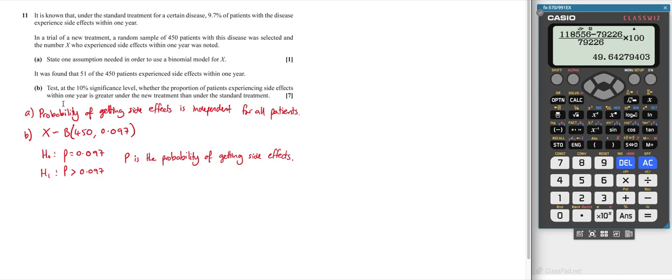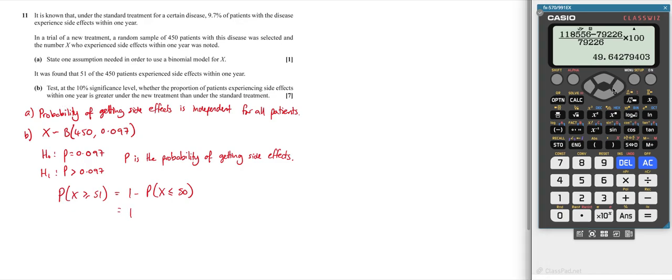So we want to find out the probability that I'm going to get 51 or more patients. So the probability X is greater than or equal to 51. You can't do greater than or equal to on the calculator, so that's going to be 1 minus the probability of X is less than or equal to 50. So let's find out what that is.